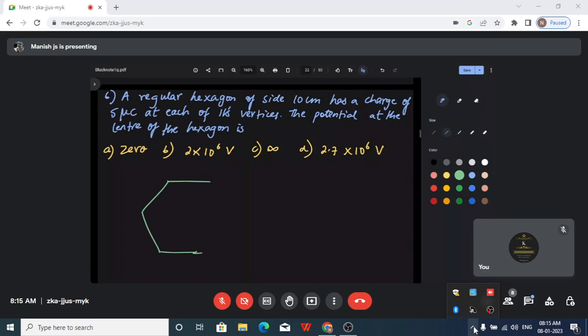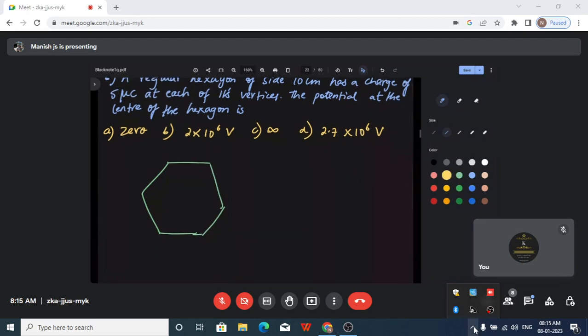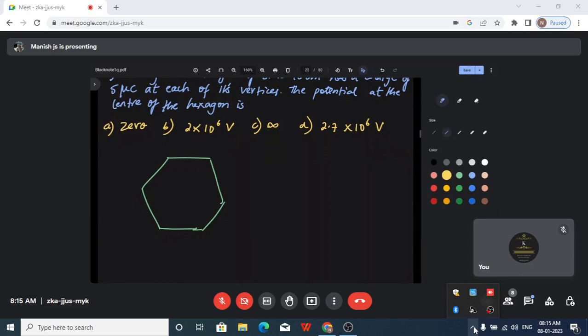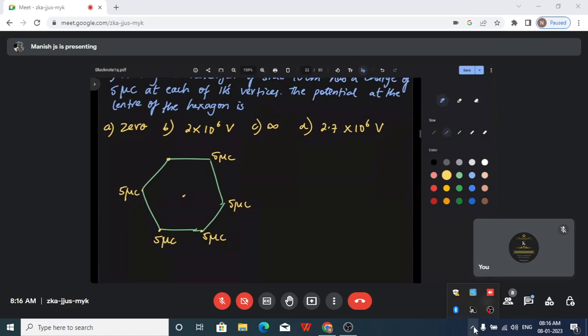And you applied superposition. So at each and every vertex of the hexagon, what do we have? 5 mu C, sir. Correct. 5 microcoulombs. So at the center, how did you find it? So for superposition, what did you do? Correct. What you did is correct. The approach is right.